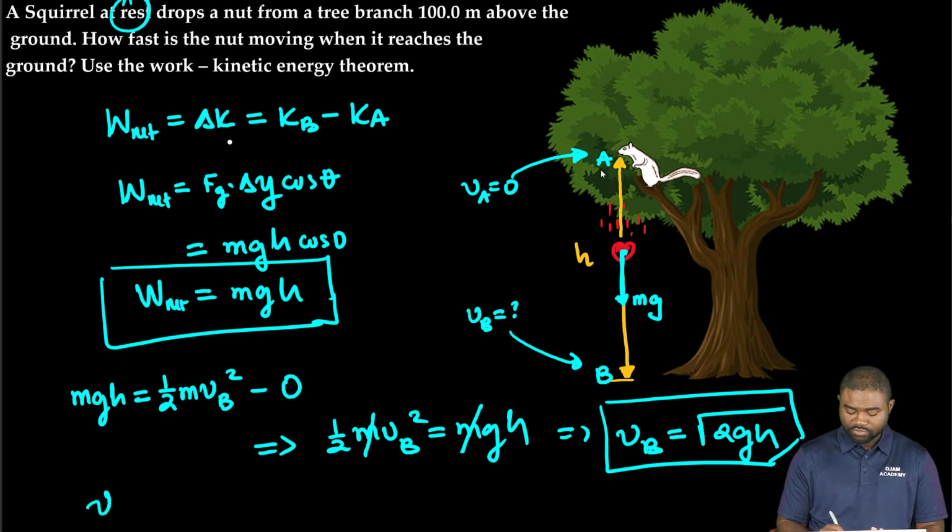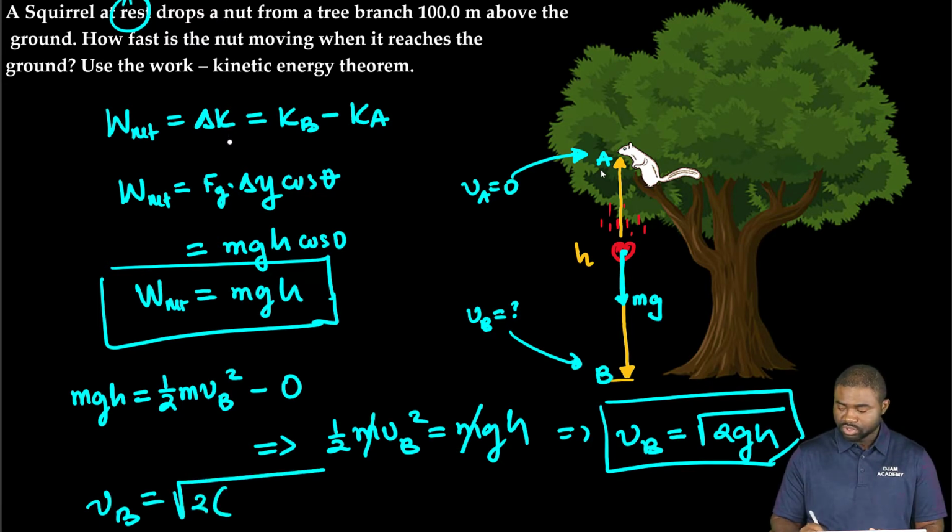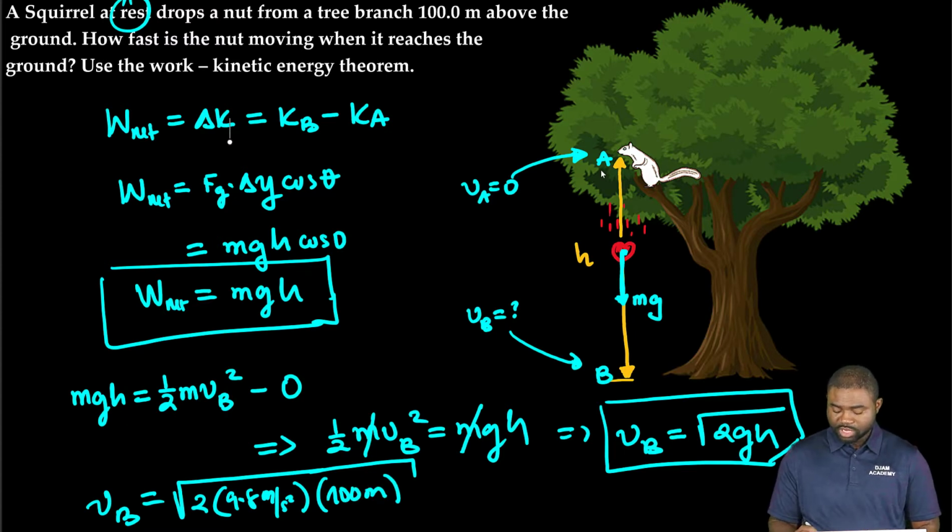In other words, v_B is equal to the square root of 2, g is 9.8 meters per second squared, h is 100 meters. 9.8 multiplied by 10, that will be 98, times 10, that would be 980, times 2.